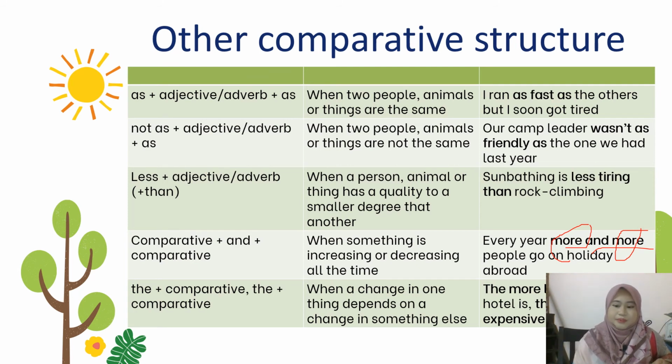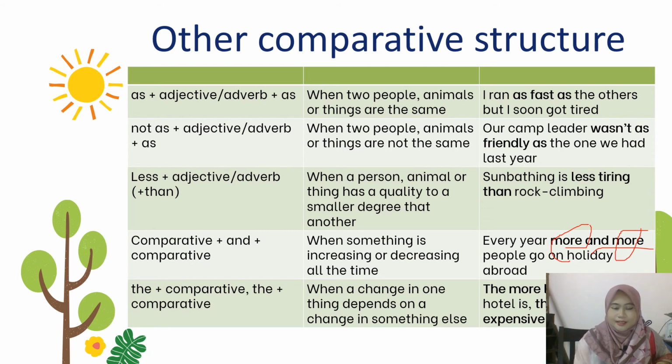Okay, for example, the given example here, the more luxurious the hotel is, the more expensive the hotel. So semakin mewah hotel tu, semakin mahal harga dia. So the more luxurious, the more expensive.